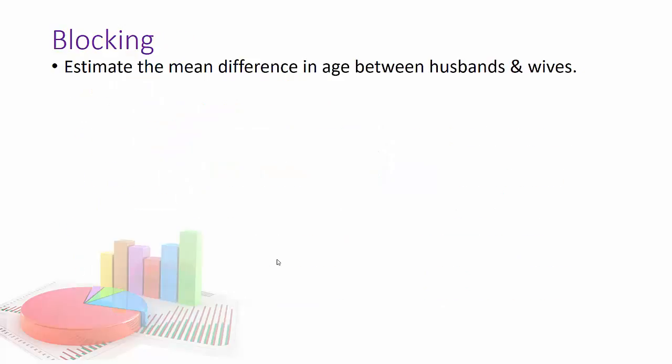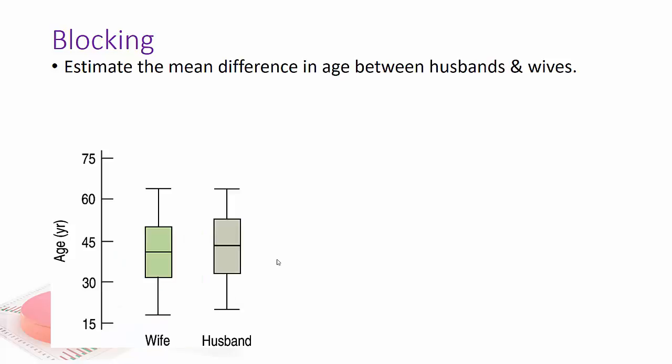So blocking and matched pairs, they're both kind of the same thing. Blocking is for experiments, pairing is for observations. So here, this is probably more of a pair. Let's say we wanted to estimate the mean difference in age between husbands and wives. Well, if you look at the box plot alone, you'll say, there's not much difference, right?